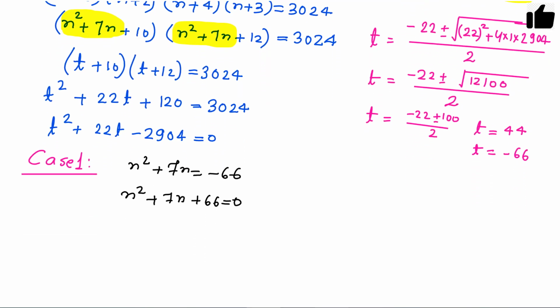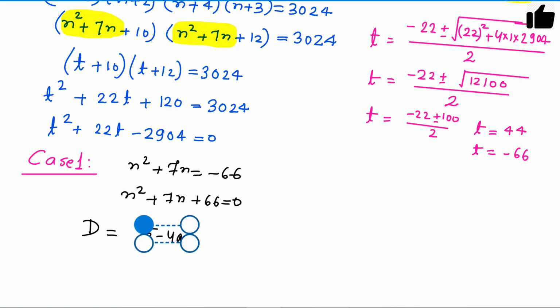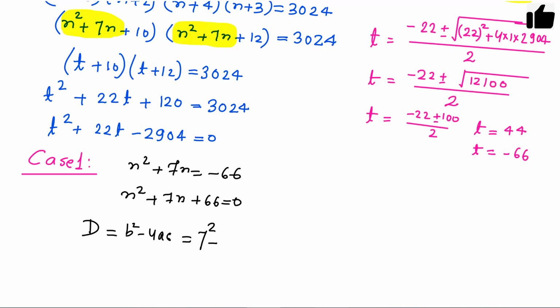Now let us check the discriminant of this equation, which is b squared minus 4ac. You don't have to take the square root. Here, 7 squared minus 4 times 66 is negative. So the roots are imaginary. But n is a whole number, because it is inside the factorial, and the domain for factorial is whole numbers. So we have to neglect this complex root.